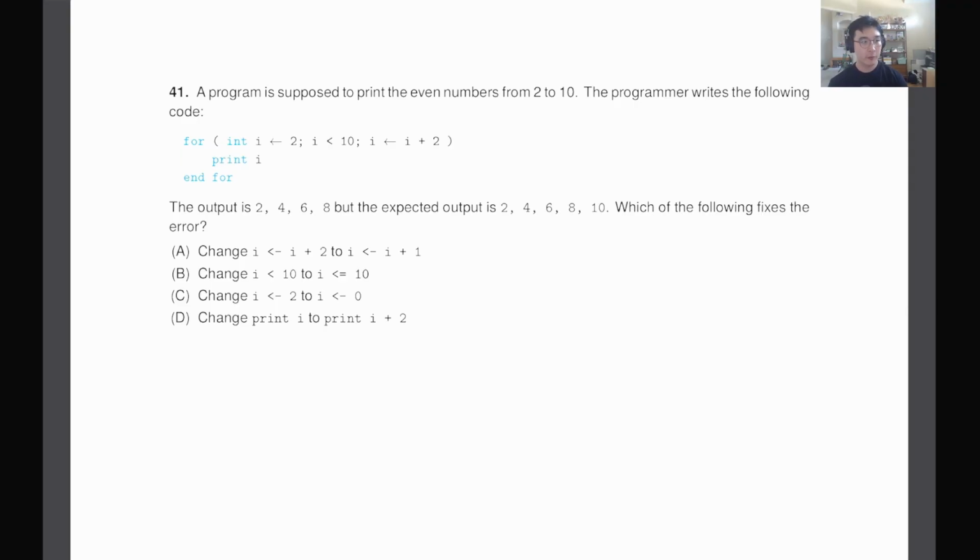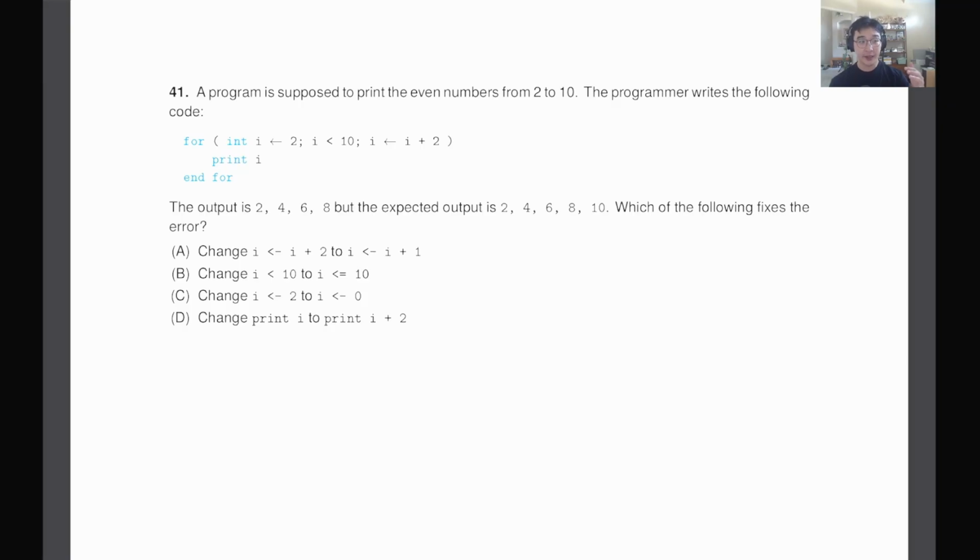Okay, question 41. A program is supposed to print the even numbers from 2 to 10. The programmer writes the following code and gives you the code. But the output is 2468, and the expected output should be 246810. Which of the following fixes the error? It really helps if you're very familiar with the for loop.